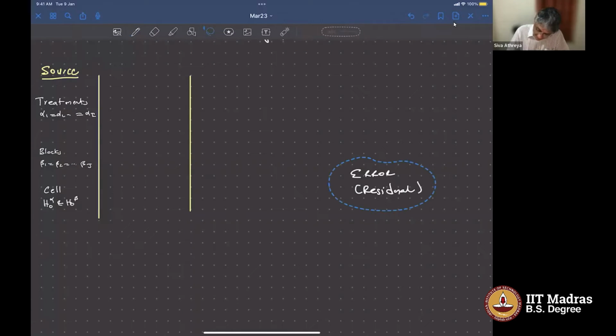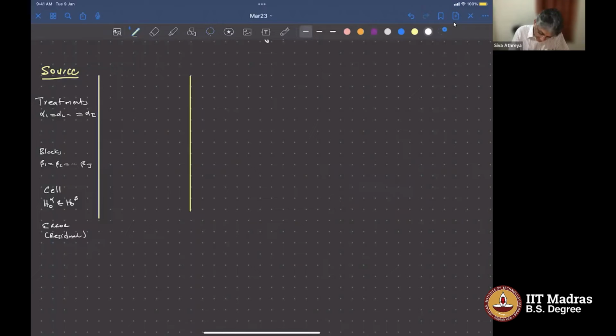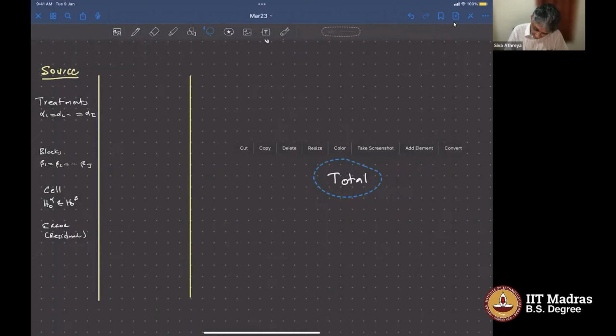Let's just make it a little smaller, so like this one comes up here. And the last one is the total. Let's put total. That's what you'll have as the source.